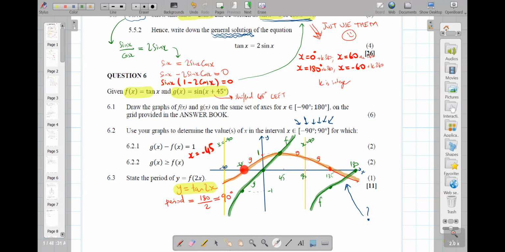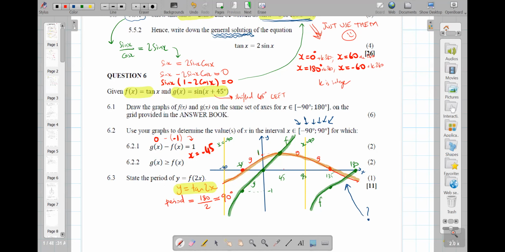But at x is minus 45, G is 0, and F is minus 1. See, G is 0 and F is minus 1. So 0 minus minus 1 is plus 1. Okay, so that's fine.